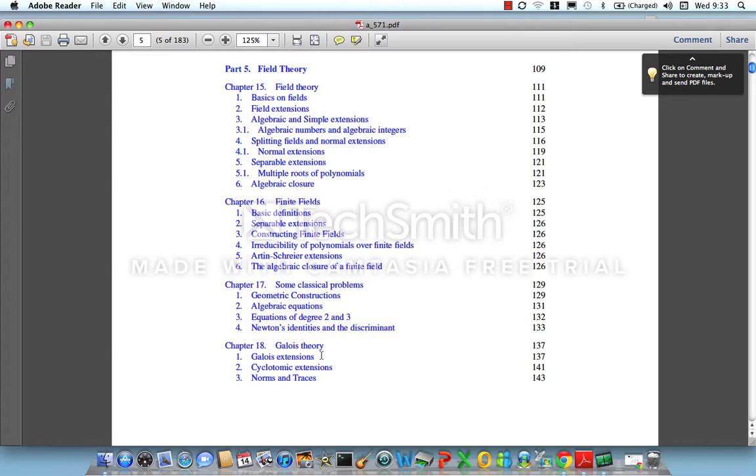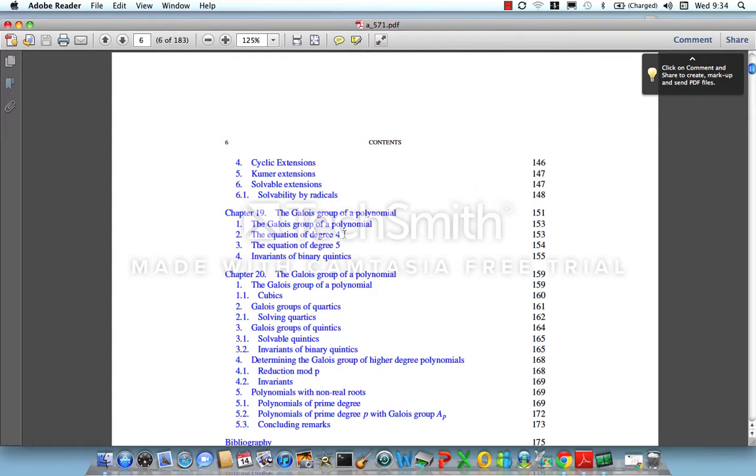You probably have heard of Évariste Galois, who has quite an interesting story about his life also. Galois theory is considered by many as one of the jewels of mathematics. It's really nice and very elegant, and it is algebra at its best.